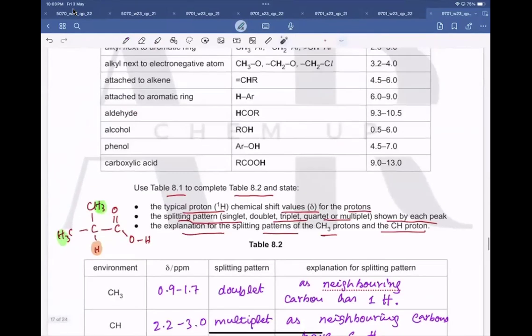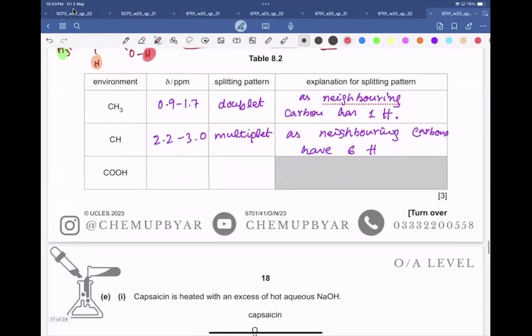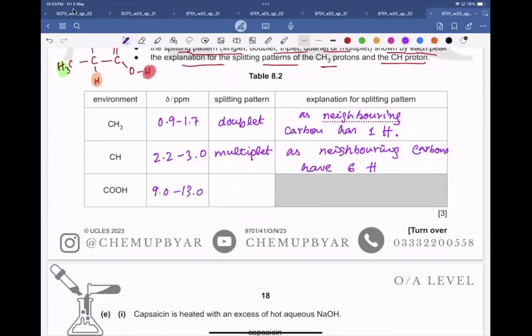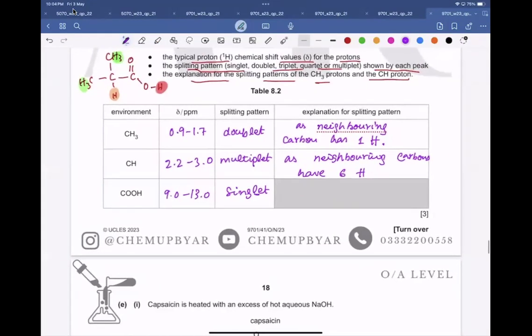This is the hydrogen of the carboxylic acid, and its signal would be 9 to 13.0. With 0 hydrogens on the neighboring carbon, or if it's bonded to an electronegative element, there is a singlet. So here the range is 9.0 to 13.0, and the splitting pattern would be a singlet because it's not bonded to carbon, it's bonded to oxygen. Is this understandable to all of you?